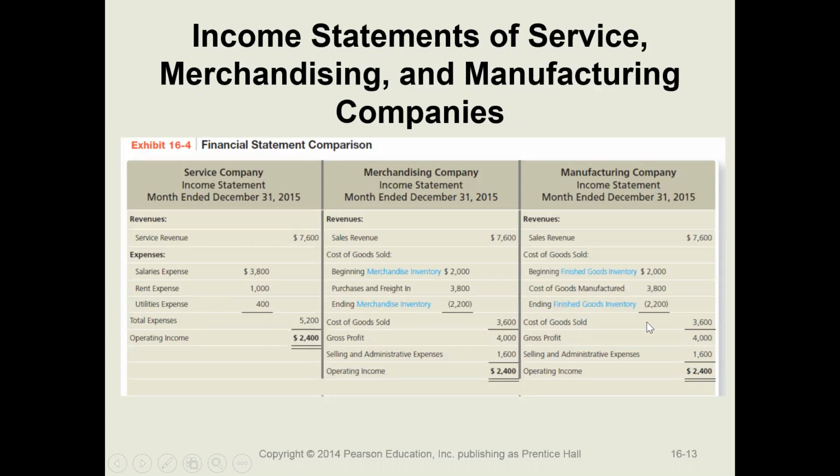Manufacturing companies have finished goods inventory in their income statement. Finished goods inventory, again, is stuff that they're done with. Okay. Notice that raw materials inventory and work in process inventory, the two other kinds of inventories for a manufacturing company, don't enter into the income statement. It's just the beginning and ending finished goods inventory in the cost of goods sold calculation here.